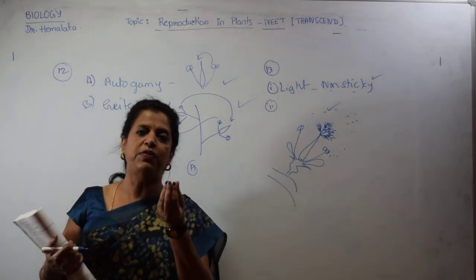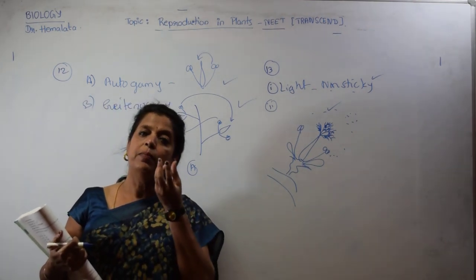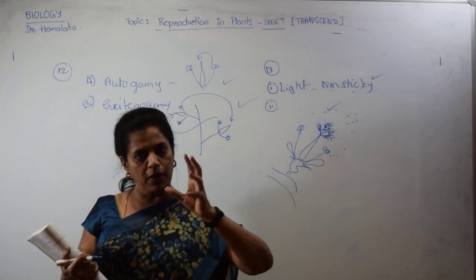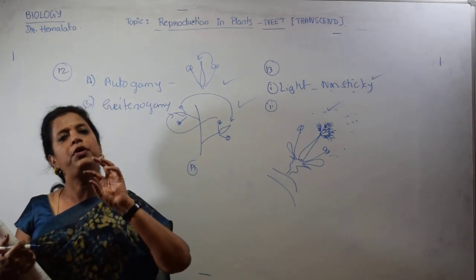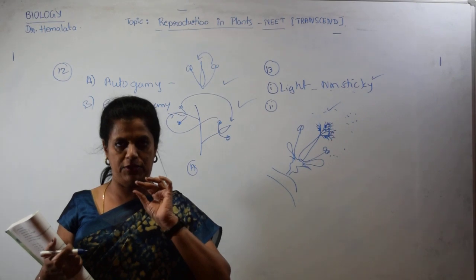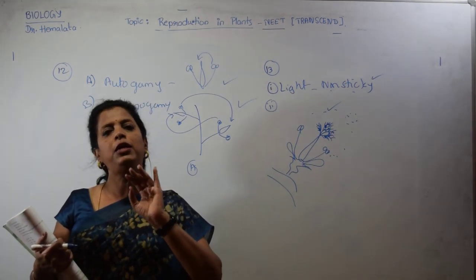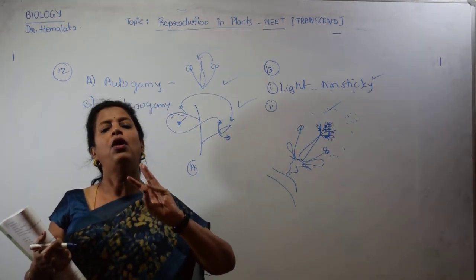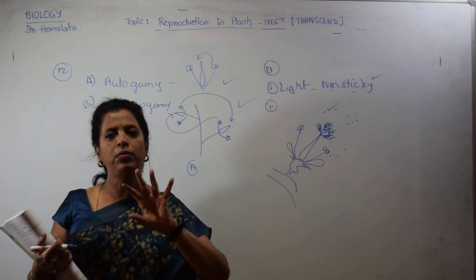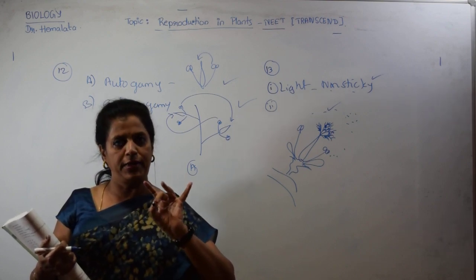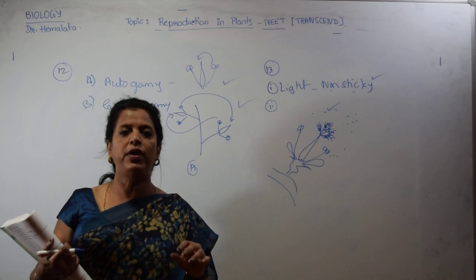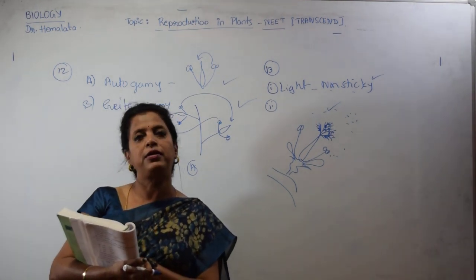Just to attract the insects, they will become colorful, or they produce some perfume by their scent glands. Therefore, an entomophilous flower must be colorful, or have perfume, or have nectar, or all of them.